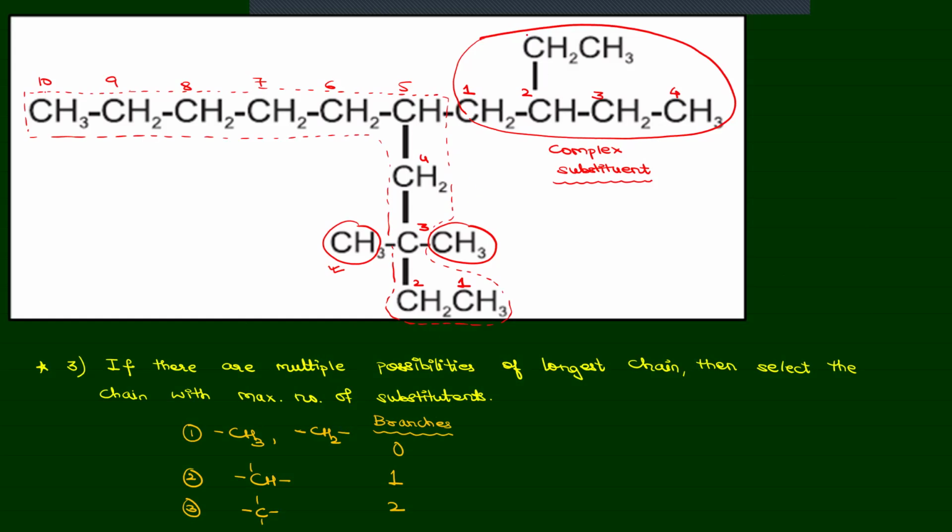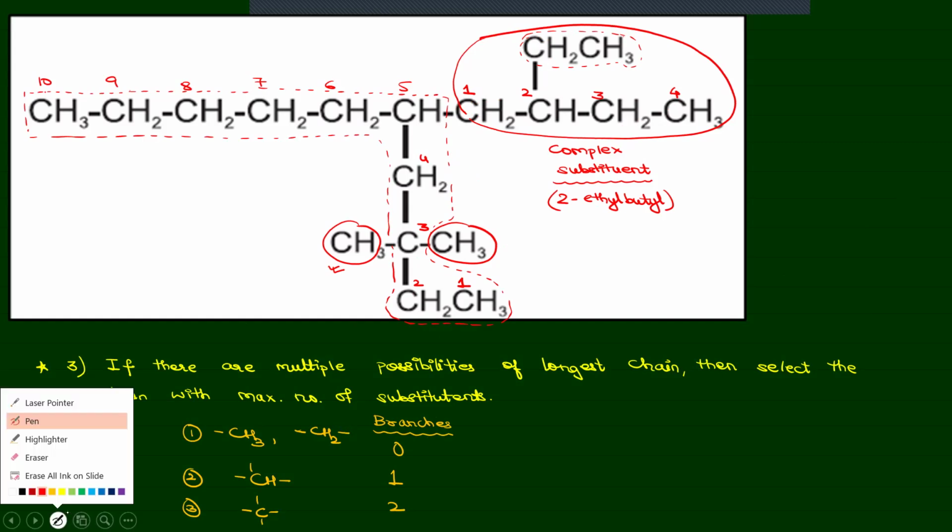So if I number it from the radical, then this becomes a substituent of the alkyl substituent, which is ethyl. And the name of this complex substituent is 2-ethyl butyl, which is one entire name to be written in parentheses. It's a single name to be written in bracket or parenthesis.